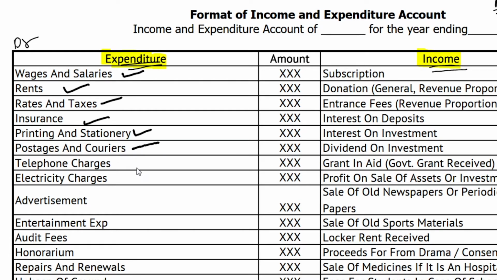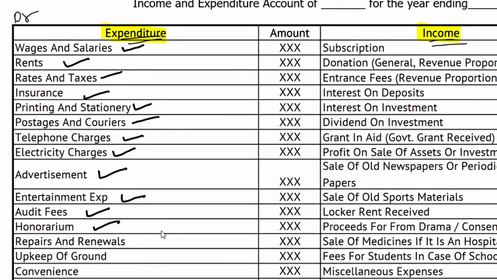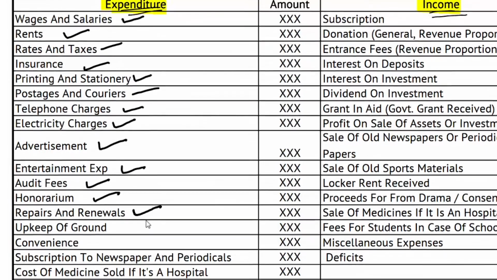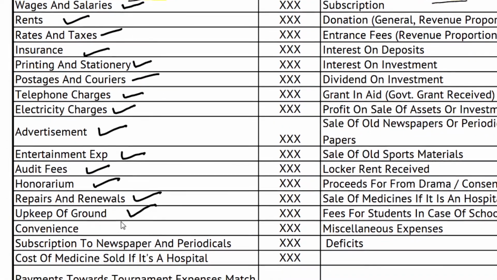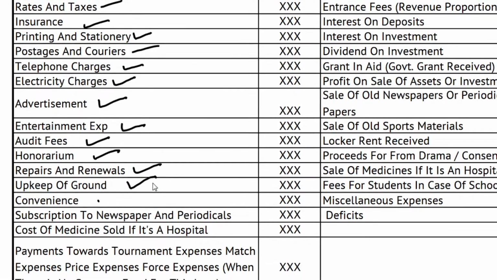And postage and courier will be recorded in the debit side as an expense. Telephone charges, electricity charges, advertisement, entertainment fees, audit fees, honorarium fees, which is an expense, a fee given to someone who renders service for your non-profit organization. Next is repair and renewals. Upkeep of ground is nothing but maintenance of ground, so that's an expense.